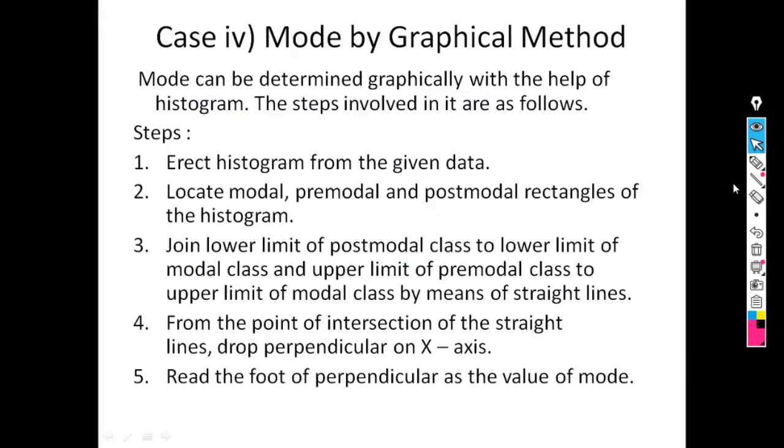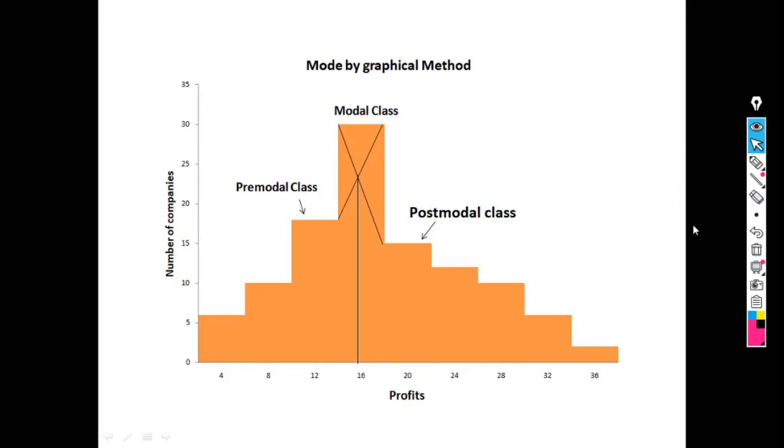Now third step is join lower limit of post-modal class to the lower limit of modal class and upper limit of pre-modal class to the upper limit of modal class by means of straight lines. First join the lower limit of post-modal class to the lower limit of modal class.